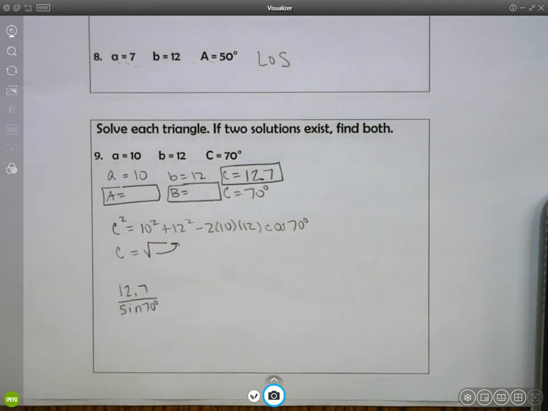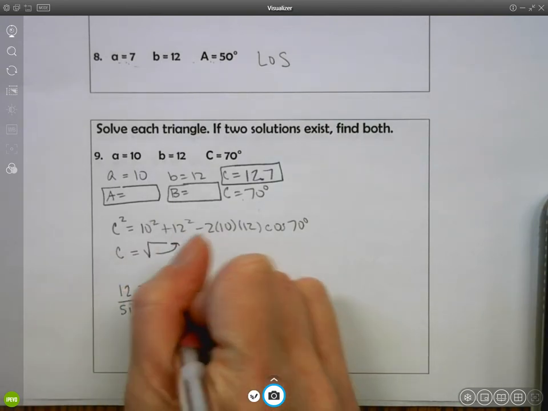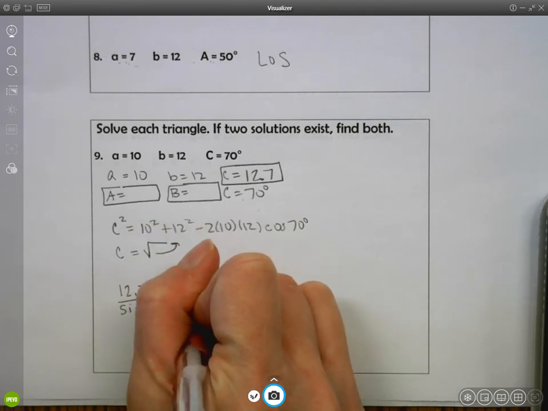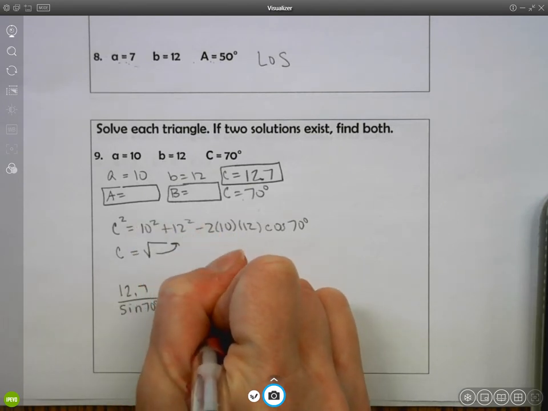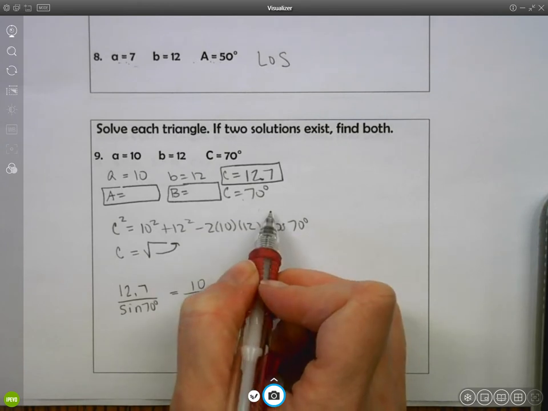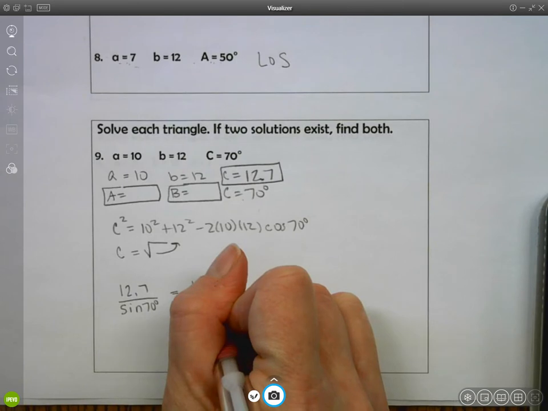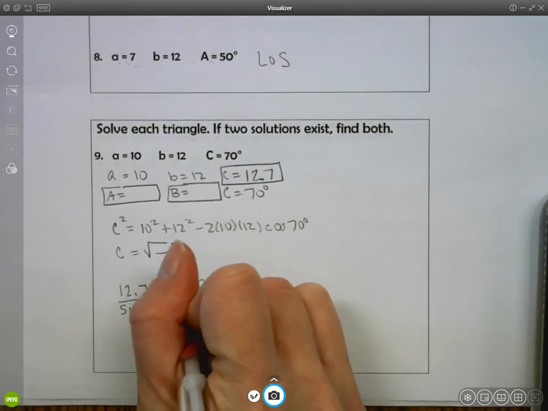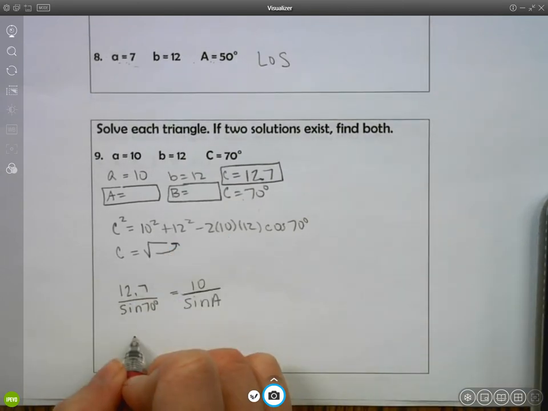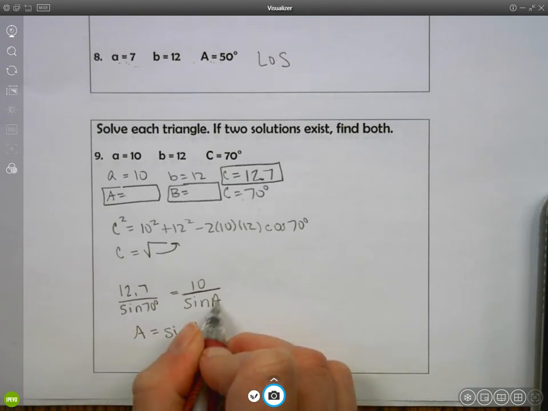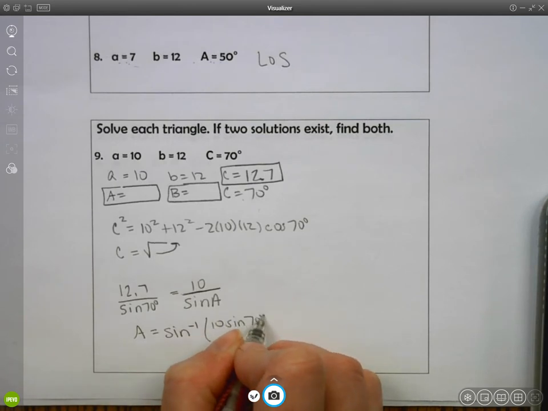All right, so then we can set up the law of sines using C as our matching pair. This is going to be our biggest angle, so it doesn't matter which one we find, but I'll go ahead and find A. So we can say that angle A is equal to inverse sine, because we're looking for an angle, and then we cross multiply and divide.